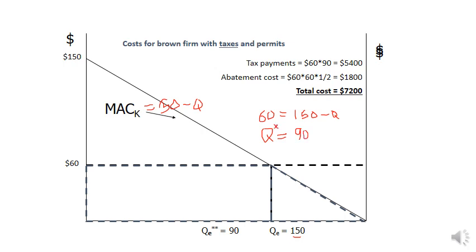That is this firm's optimal decision in place of the tax scheme. And I'll give it a double star to be consistent with the slides. So in absence of any abatement scheme, if they were just polluting up to the 150 they were doing earlier and paying all the tax on that, 60 times 150 would cost this firm $9,000.